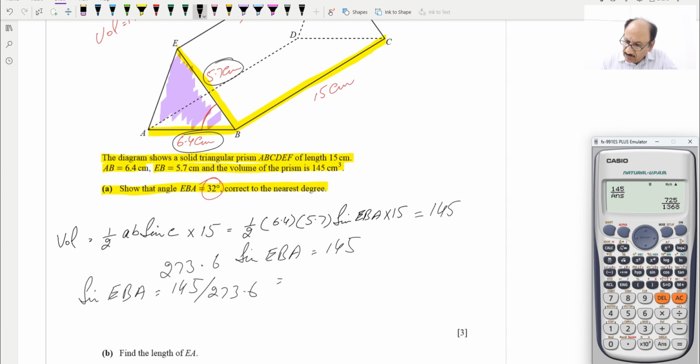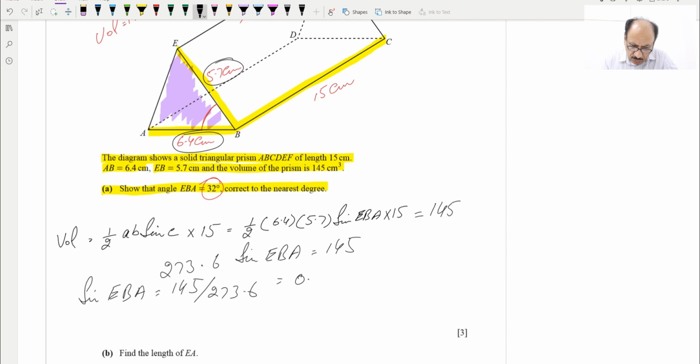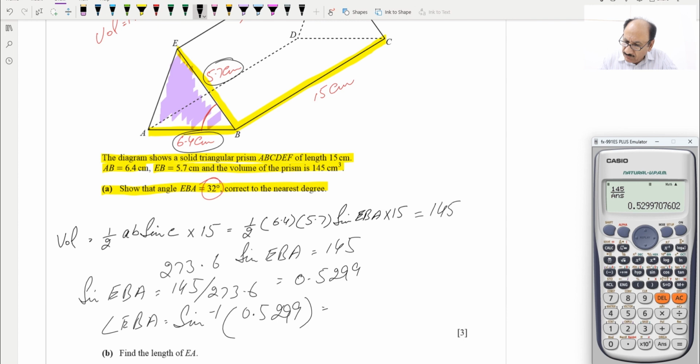The answer is equal to 0.5299. So 0.5299, and angle EBA will be equal to sine inverse of 0.5299, and this will be equal to shift sine of answer.